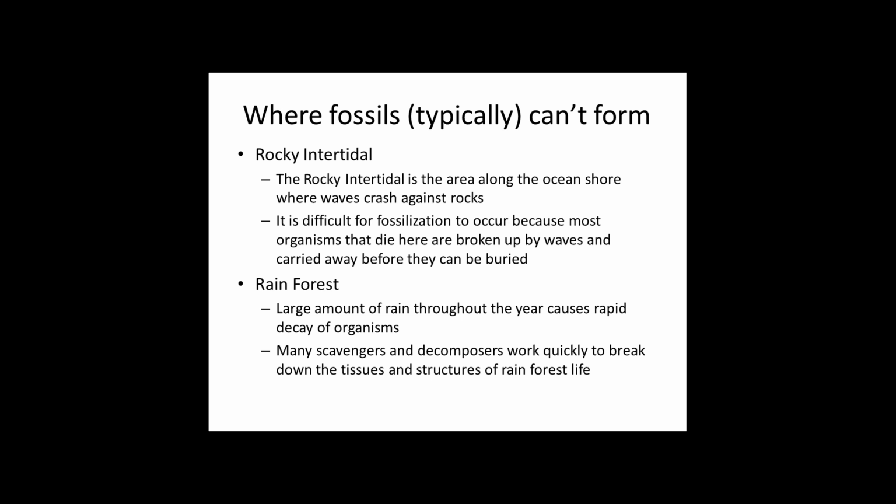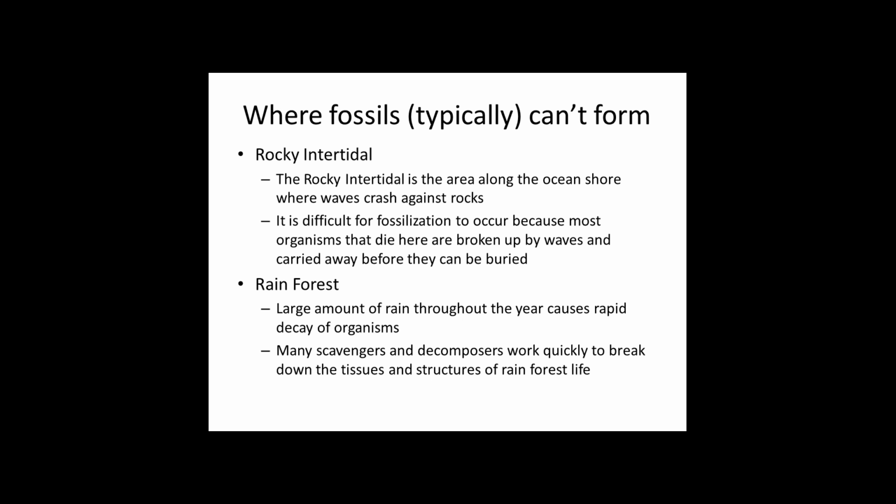The next one is the rainforest. And so I guess when you think about it at first, the rainforest seems like it should be a pretty stable environment where there isn't much disturbance. But actually, there is a large amount of rain throughout the year, as you can imagine, and this causes rapid decay of organisms. The organism isn't allowed to just sit and decay buried under sediment, but all the rain washes through year after year.